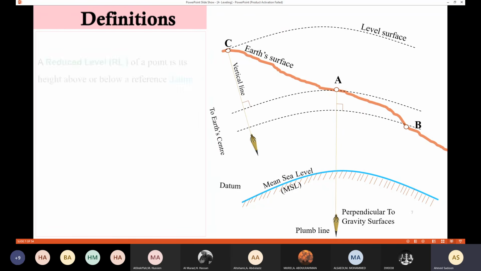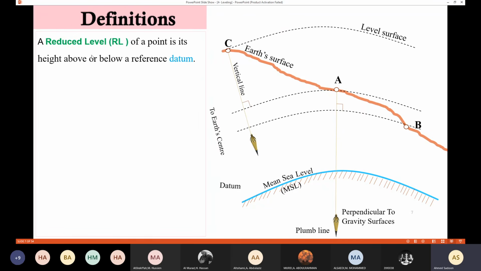Also, we have the reduced level, RL. A reduced level of any point is its height above or below a reference datum, which is the MSL. So, for example, if I ask you what is the reduced level of point C, it is going to be the distance from point C to the mean sea level.